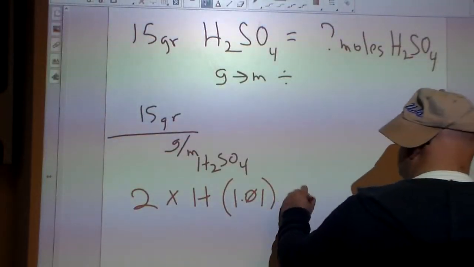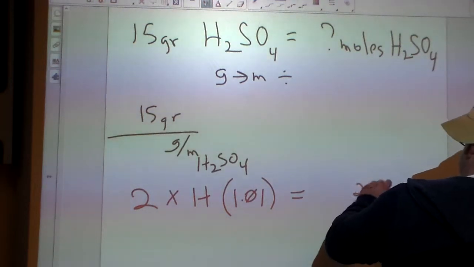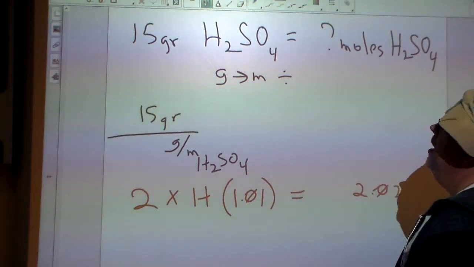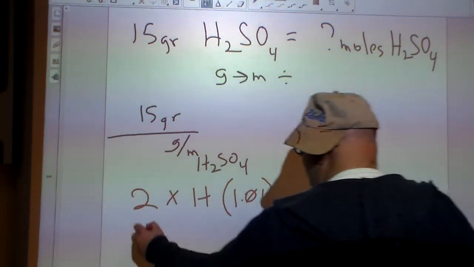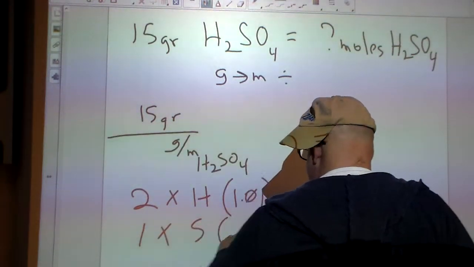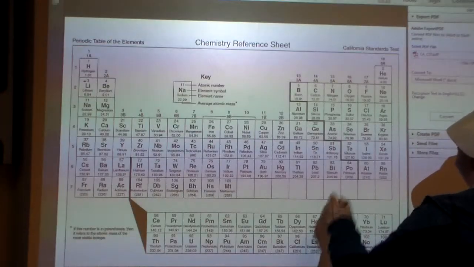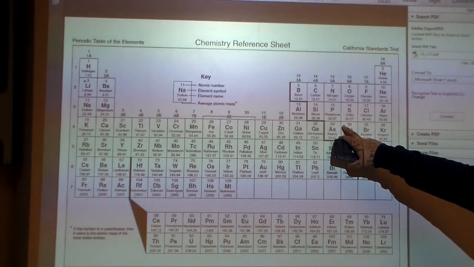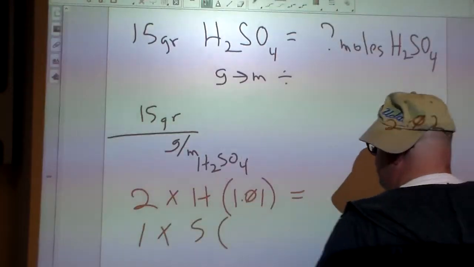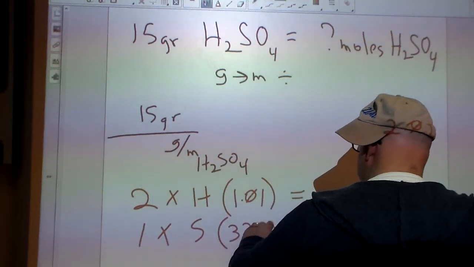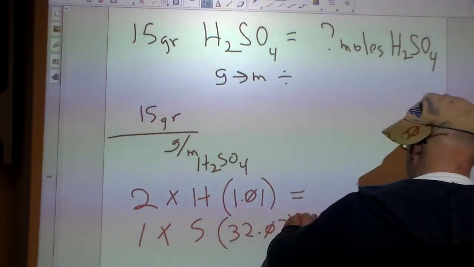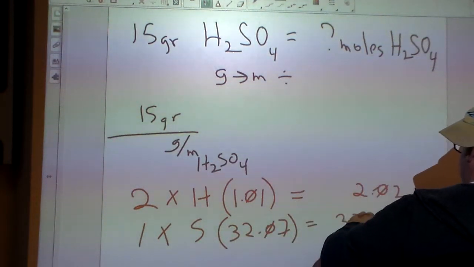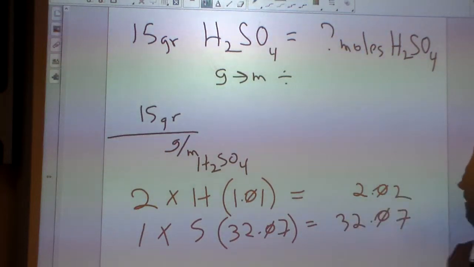So I know that's going to be 2.02. Now, I have an S. Well, I've got 1 times S. And what is S? Our sulfur. It's 32.07. Notice I go back to the periodic chart. So that's going to be 32.07. Okay, so far so good.